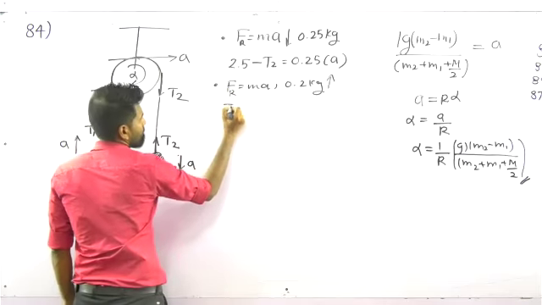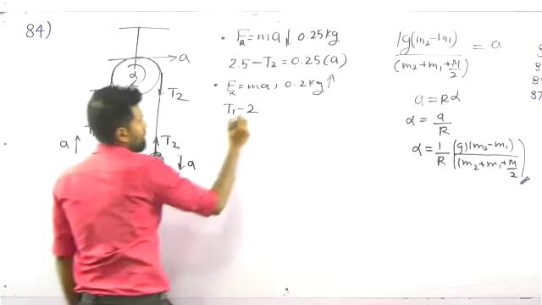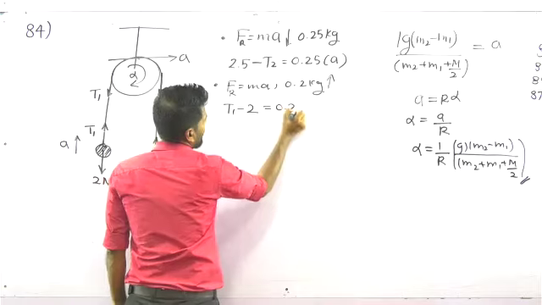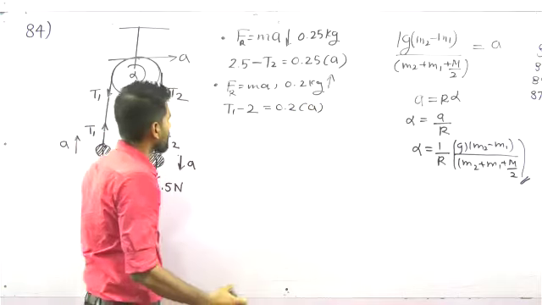So it's T1 minus 2 is equal to 0.2 times acceleration A, the common acceleration that governs the linear part.